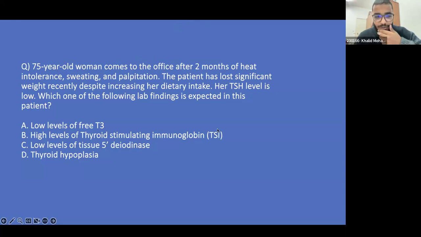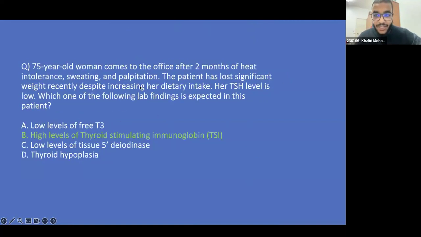Graves' disease, no? Maybe. So what's the answer? Okay, so we have one B, another B. Okay, we have all Bs. You're correct. It's high levels of TSI.